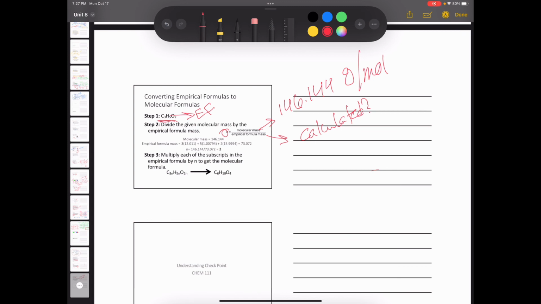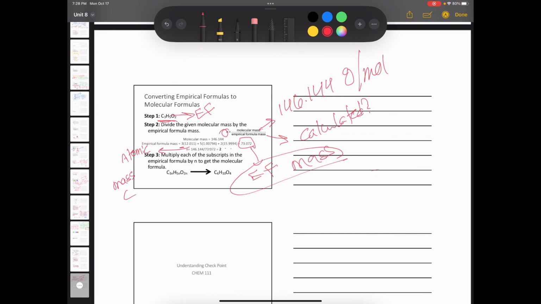So the empirical formula mass would equal 3, which is the subscript for carbon, multiplied by the atomic mass for carbon, and then 5 times the atomic mass for hydrogen, and then 2 times 15.99, which is the atomic mass for oxygen. You add all these numbers together, this is the empirical formula mass.